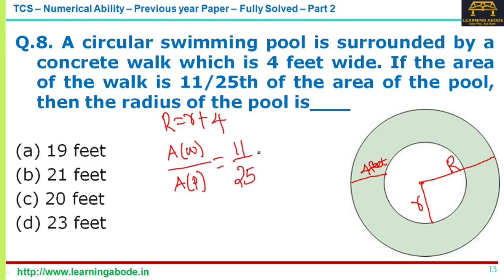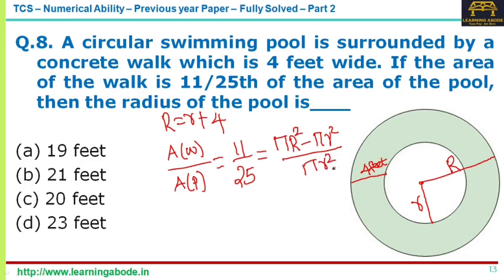If you have to represent it in terms of an equation, the area of the walk is the larger circle, pi capital R square, minus the smaller circle, which is the area of the pool, the whole divided by the area of the pool, pi r square.